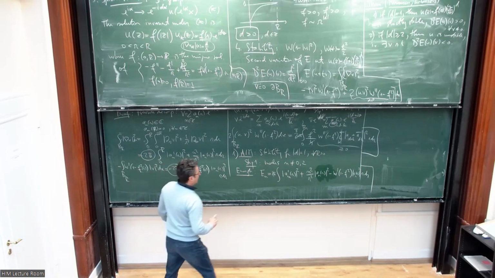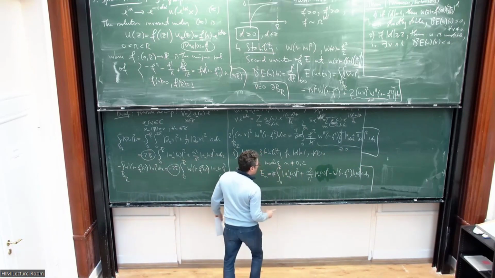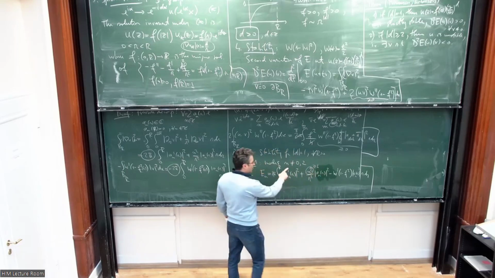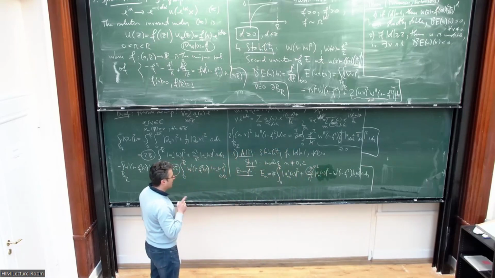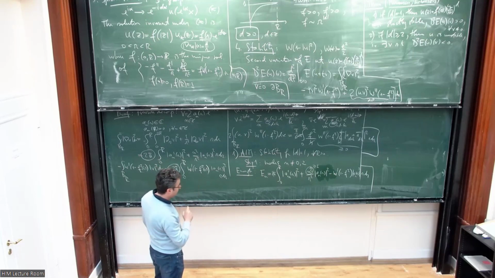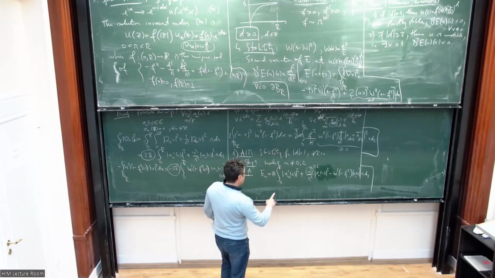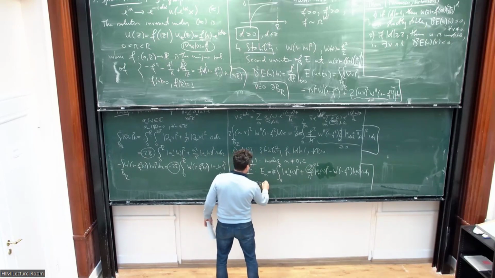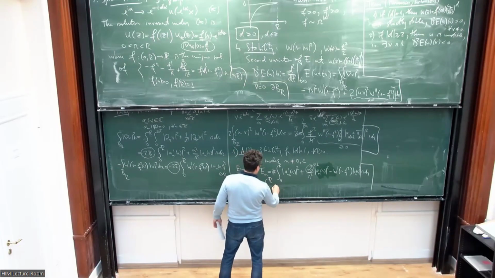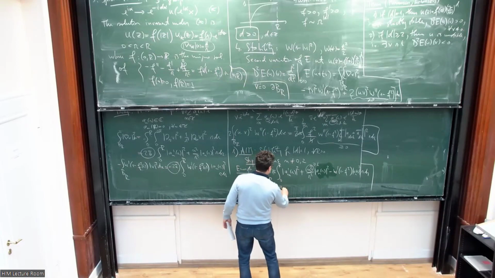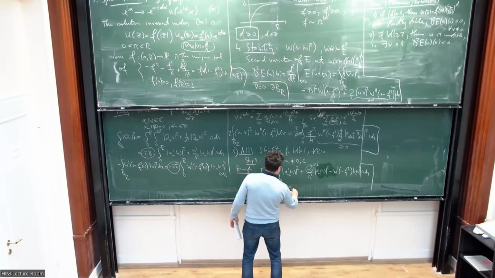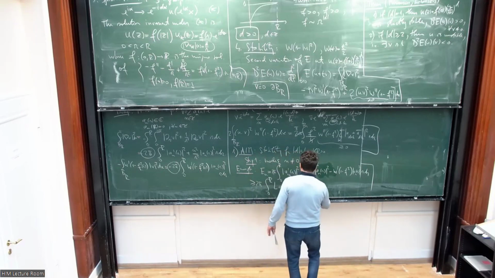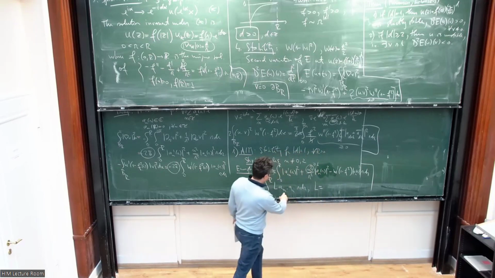Okay, so what you do now, you just say, well, this guy is larger than 1. Of course, what I do here, you could apply also for 2, but you will see that 2 is needed to treat the 0 mode. So then you get that this is larger than 2 pi integral from 0 to r of an operator that I write times the other operator, r dr, where this operator is what?